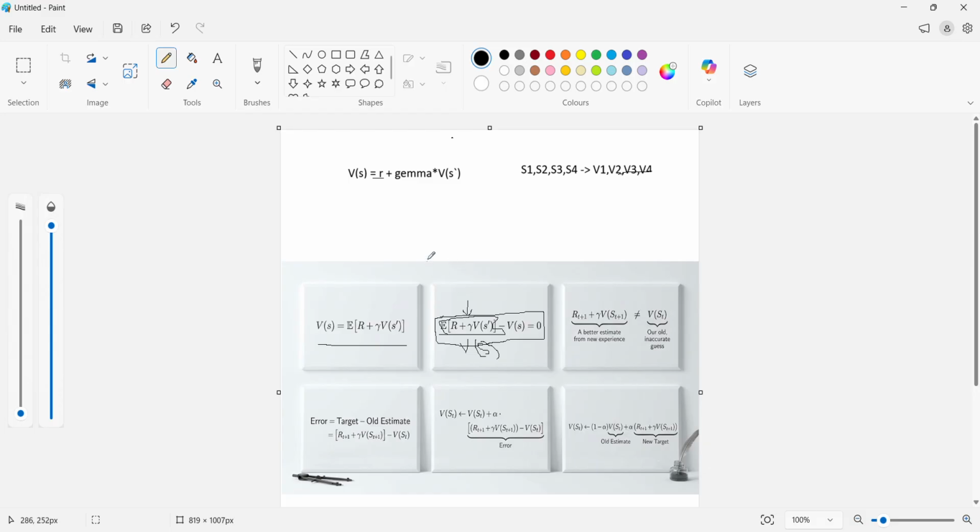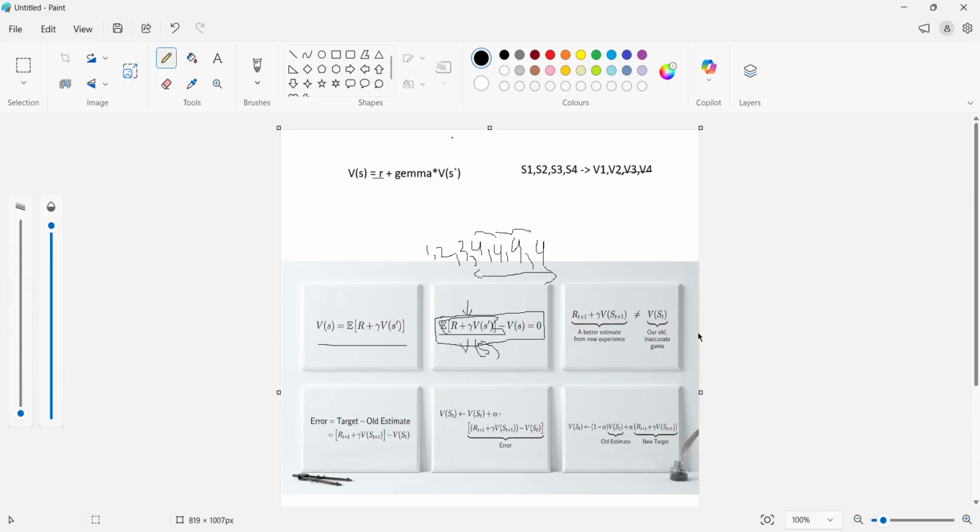What I mean by that is that we start from some random value, for example 1, 2, 3, 4, and then after 4 this value has stopped changing. Every time I take the difference of the new value from the previous estimate, I always get 0. So this means that this is indeed the most optimal value of v of s, or you can say the actual value of v of s under the policy pi.